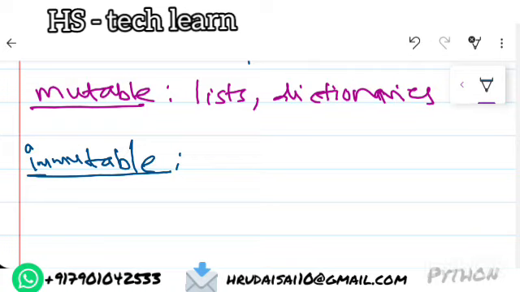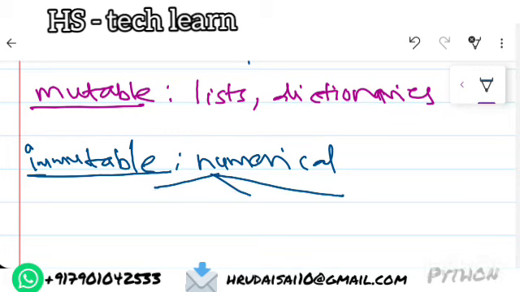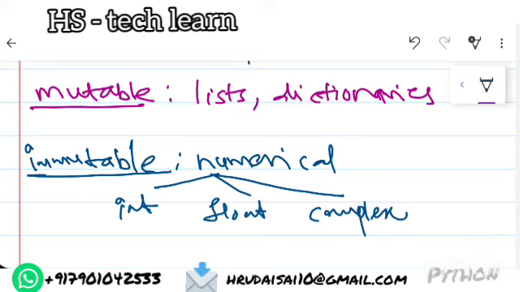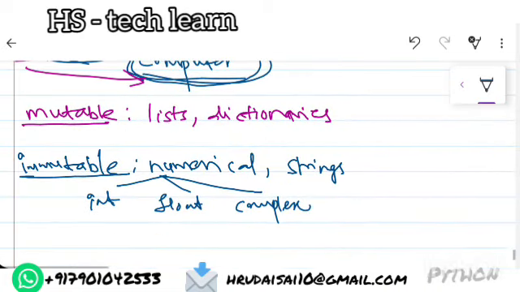Simple, the ones which are not mutable. Those are numeric data types. All numeric data types are immutable. What are we having in numeric data types? Integer, float, complex, and also strings and tuples. These are the immutable data types that we are having in Python.